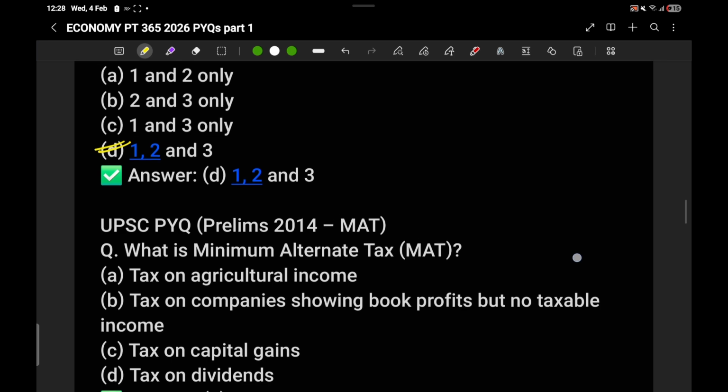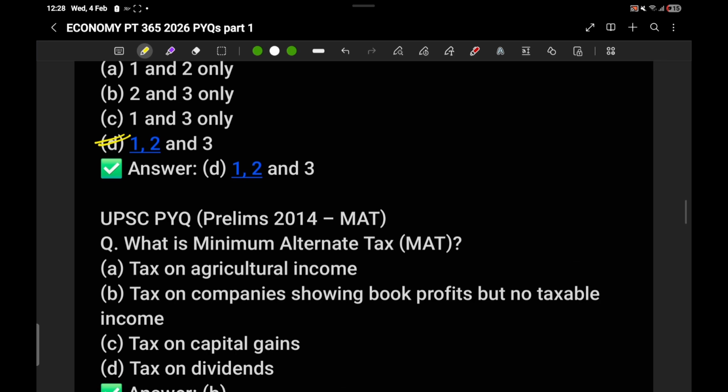Yesterday we have studied minimum alternate tax, right? So now let's solve this question. What is minimum alternate tax? Tax on agriculture income, tax on companies showing book profits but no taxable income, tax on capital gains, and tax on dividends.